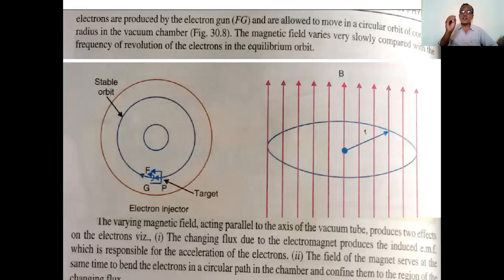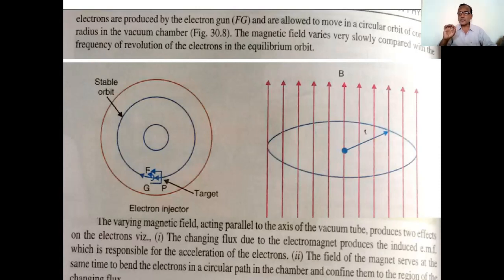That means EMF is generated here, and this EMF is responsible for the acceleration of the electron, because we know electrons get accelerated in an electric field. Therefore, as the magnetic field is changing, this varying flux of the electromagnet induces the EMF, and this electromotive force is responsible for the acceleration of the electron.